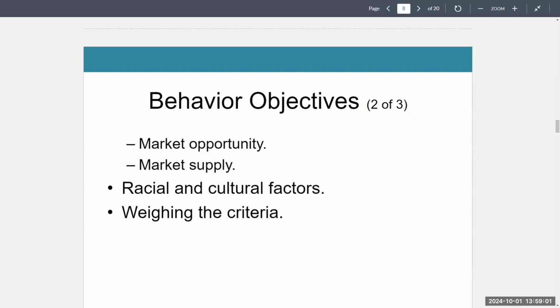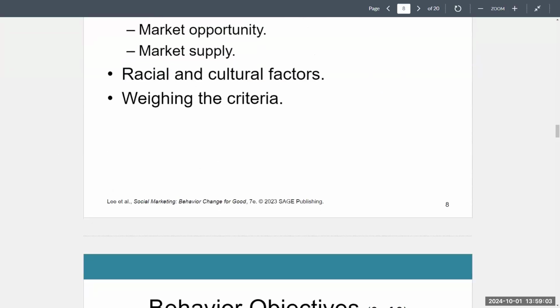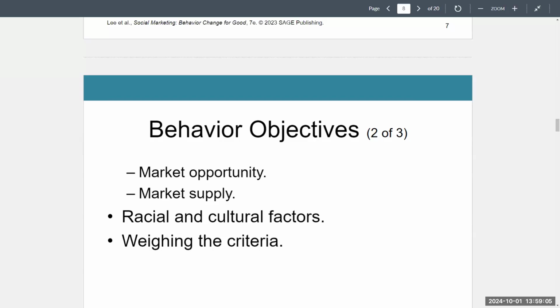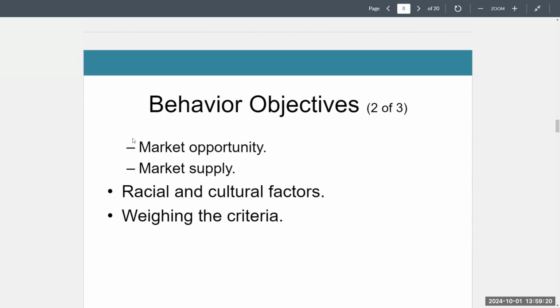Balancing these criteria is very crucial. You may encounter situations where some criteria align perfectly, while others have challenges, which then involves decision making: weighing which of these criteria is more important and what we are actually looking for in the context of our campaign.